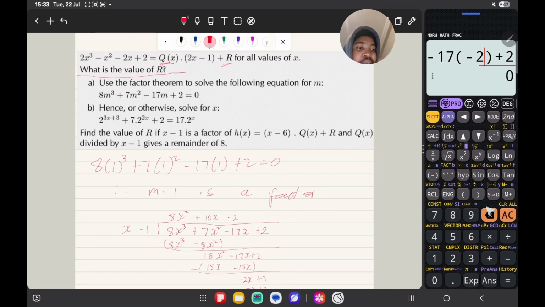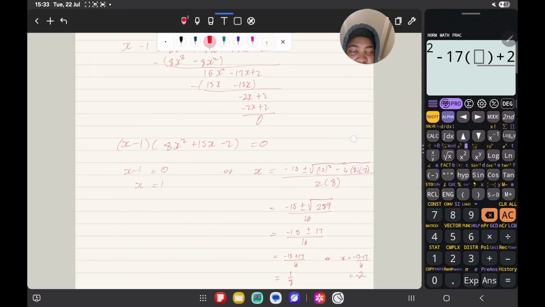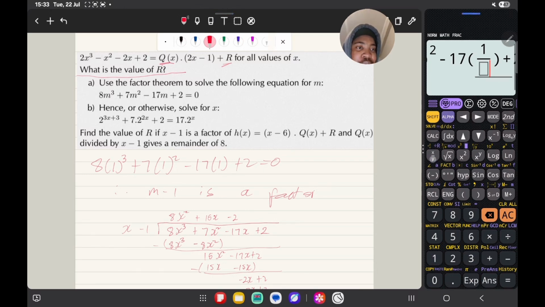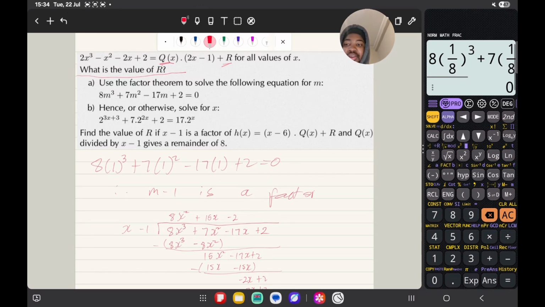Now let's test positive 1 over 8. With 1 over 8, we get 0. So yeah, we are fine. These work, and we are good to go.